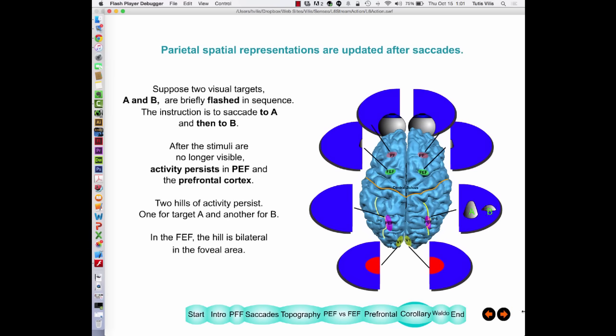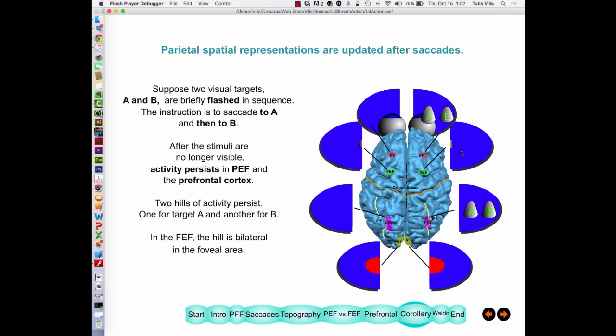Now, to make things even more complicated, you're shown two objects, A and B, and you're asked to saccade first to A and then to B, but not when you could see them, but when they're gone. So you're saccading not to the actual visual input of A and B because it happens too quickly, but to where you remembered seeing them. So how do you do that?